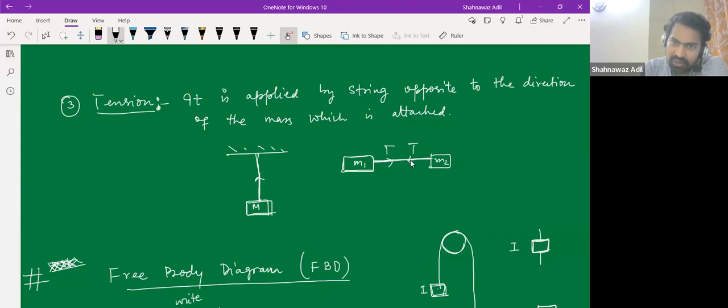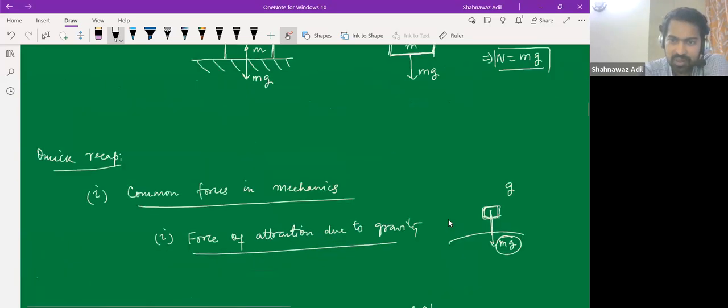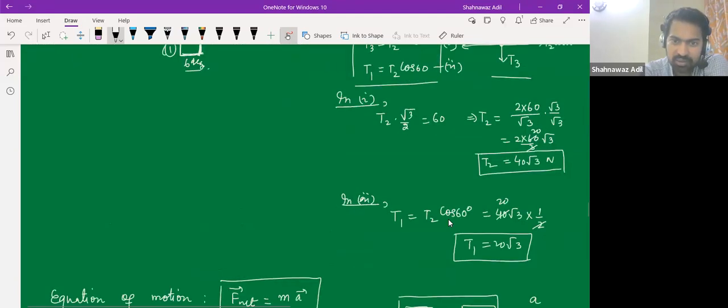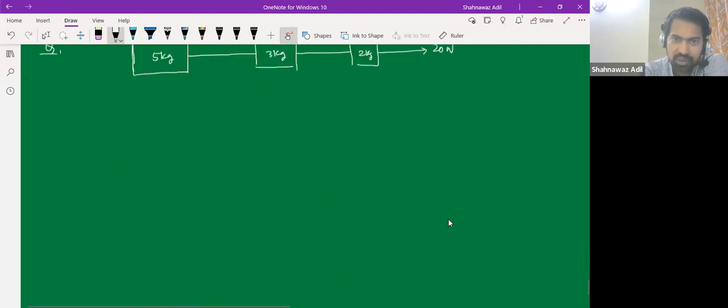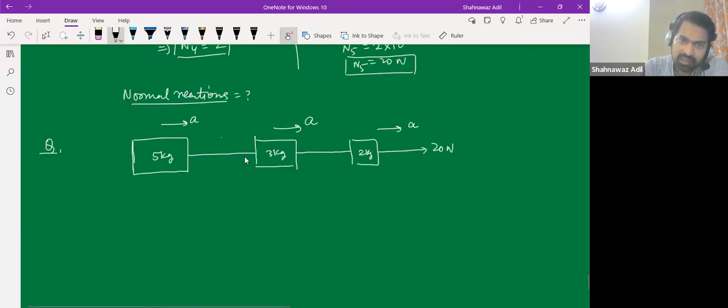Then whatever acceleration is experienced by this block, this will experience the same acceleration. In here, these are inextensible strings. So whatever the acceleration is faced by this 2 kg block, this will also experience the same acceleration and this will also experience the same acceleration. Is this part clear? Yes, sir.